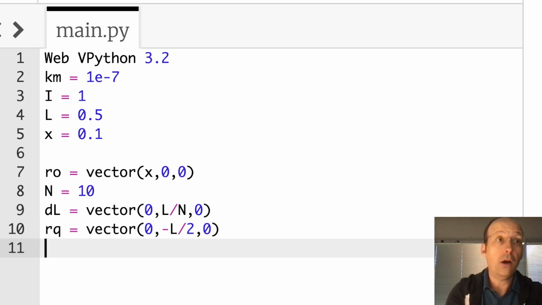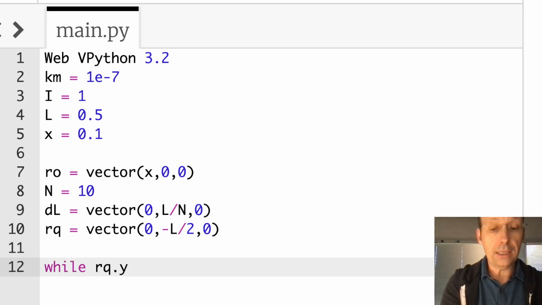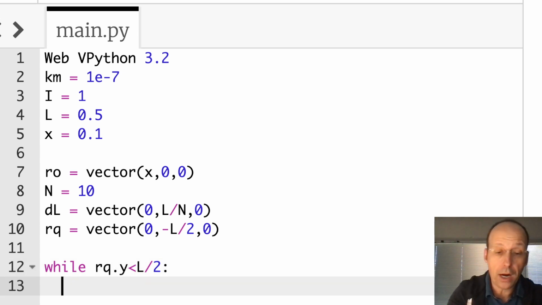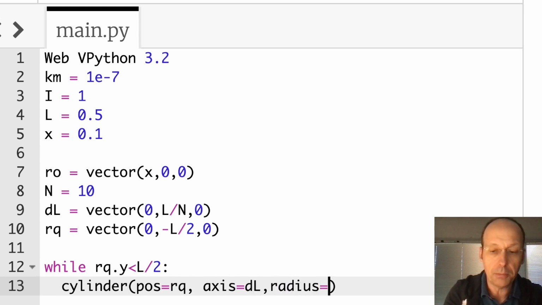Okay. And now I can say while RQ.Y is less than L over 2, do the following. I'm going to make a little cylinder as part of my wire. I'm not going to give it a name or anything. It's going to have a position equal to RQ. It's going to have an axis equal to DL. And the radius is going to be equal to L over 100.